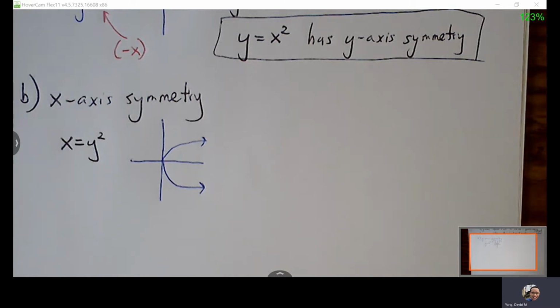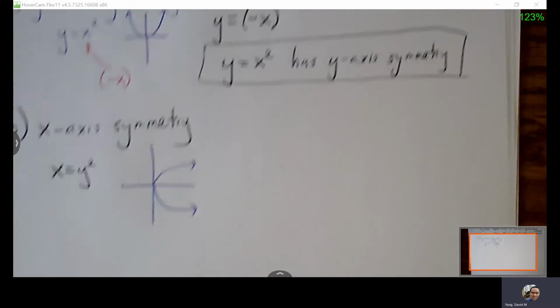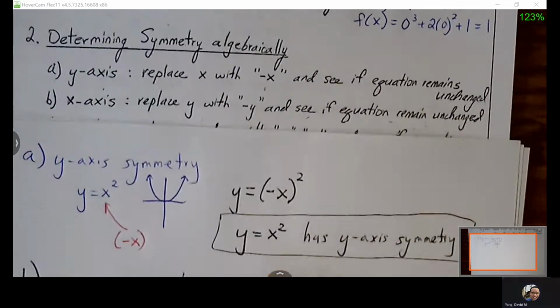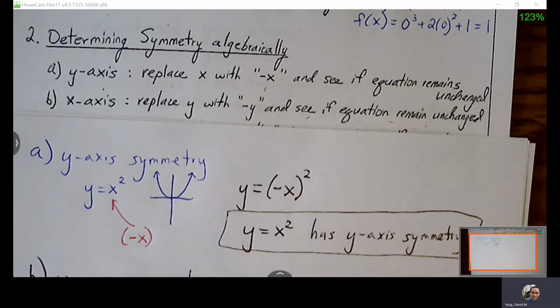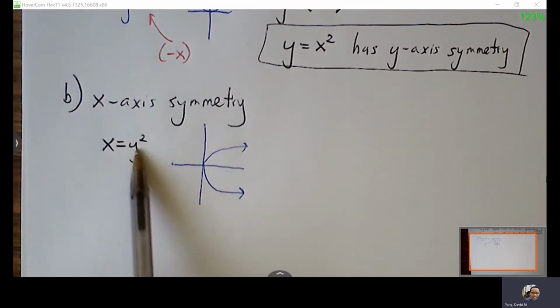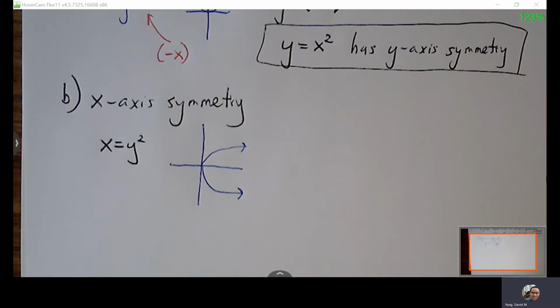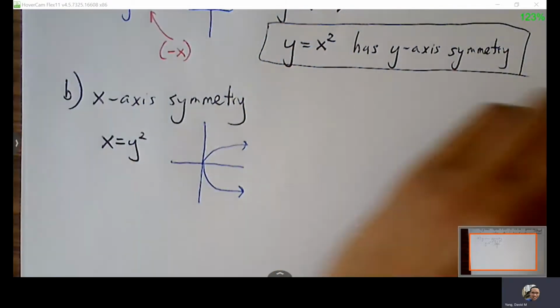Okay, next up we have x-axis symmetry. This is where we can replace the y's with negative y and see if the equation remains unchanged. And we expect that to happen because the y is nicely squared. So any replacement of a negative y will go right back to the original starting equation. Okay, so we'll make that substitution.